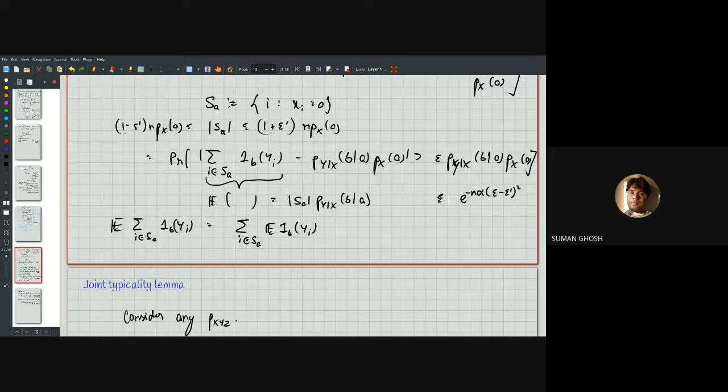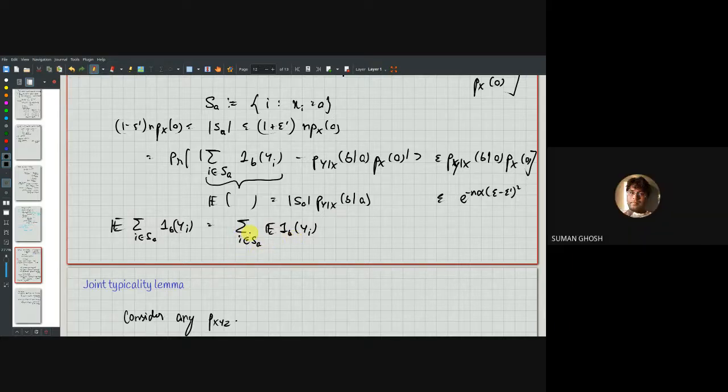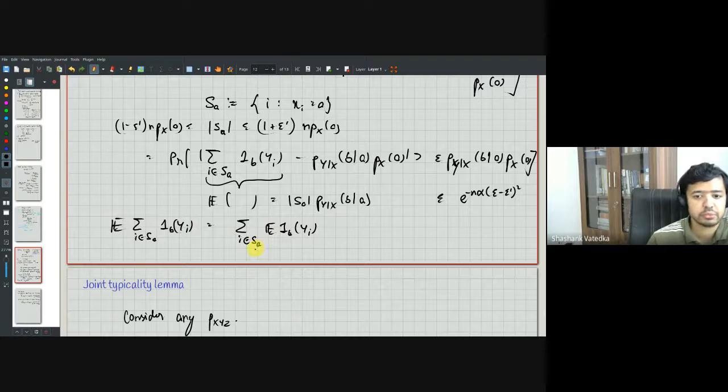The probability that y equals b. Correct. So it's the probability of y equal to b in regular cases. But now we're only looking at those locations where x is equal to a, so that is why this is going to be the summation over i in S_A.